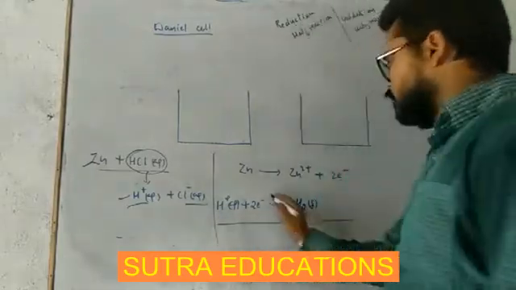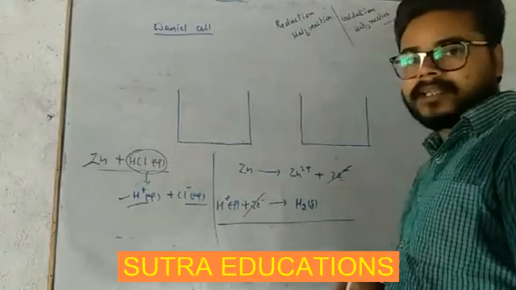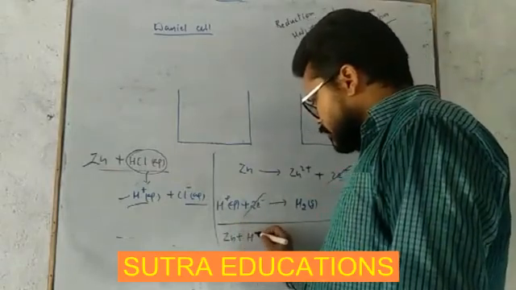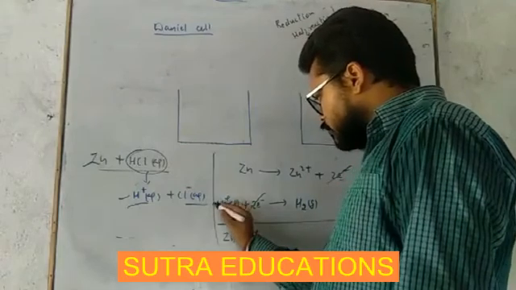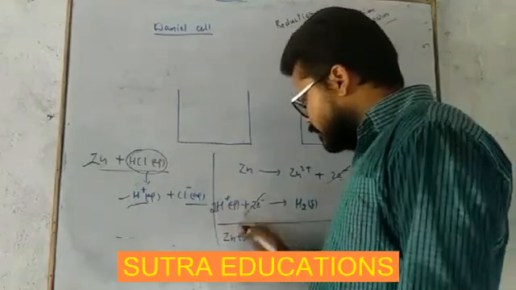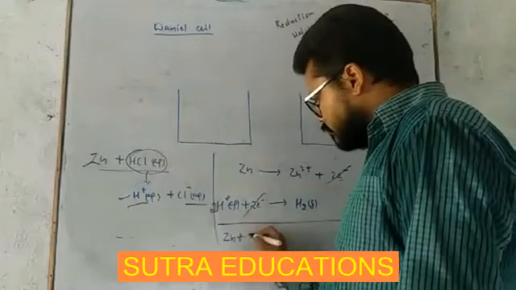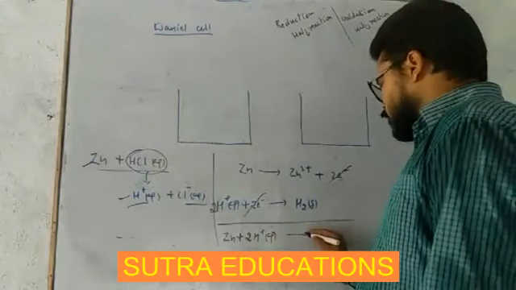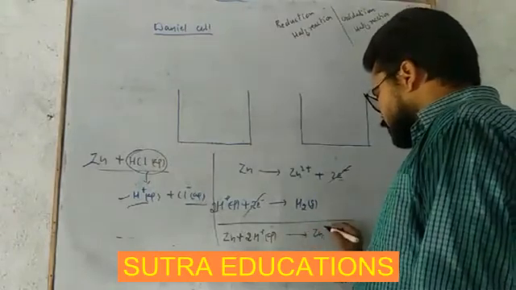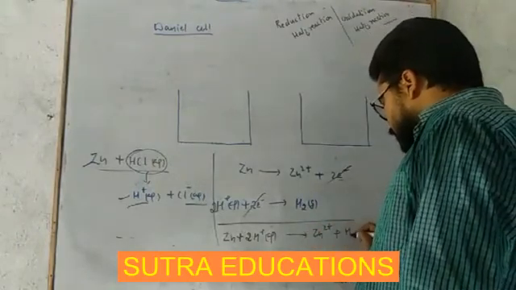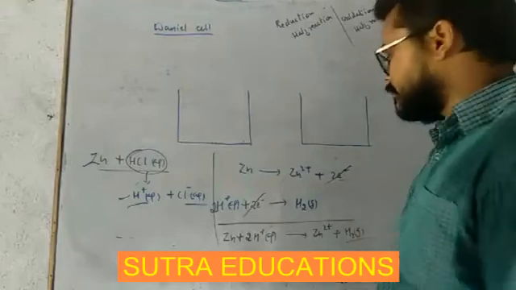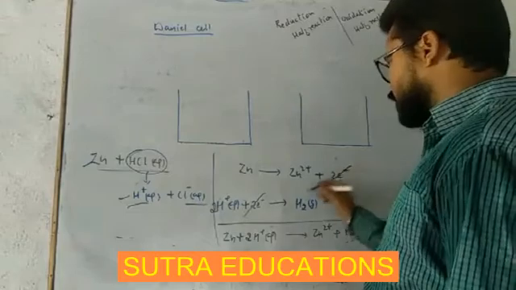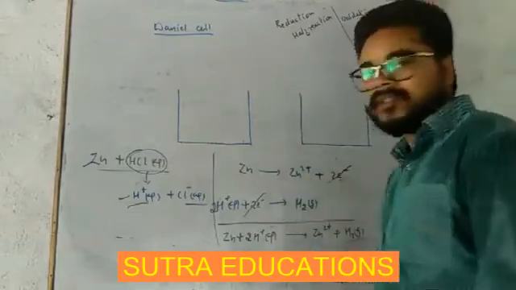Now you can see the 2 electrons get cancelled. So it will be Zn plus 2H+ aqueous to Zn2+ plus H2 gas. So what is this called? Zn is releasing electrons, which means oxidation is taking place.